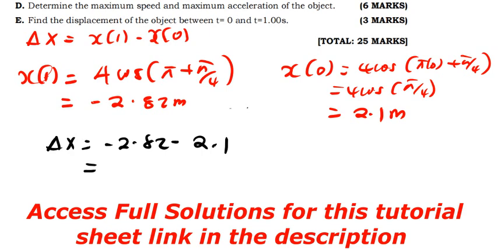So the answer should be negative 4.92 meters. So that's the displacement of the object between t equal to 0 and t equal to 1 seconds. So that is it for question 1.